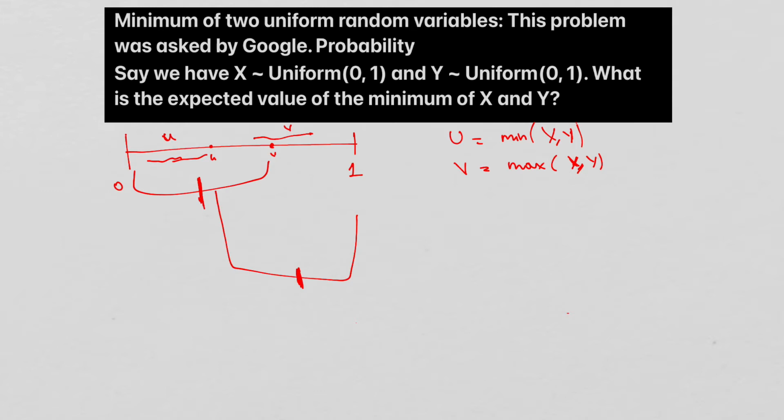So the answer, as you can guess, is immediately 1 over 3, right? So this point is 1 over 3, and this point is, of course, 2 over 3. So the expected value of u is 1 over 3, and the expected value of v is 2 over 3.